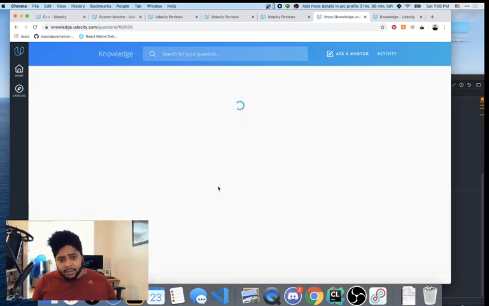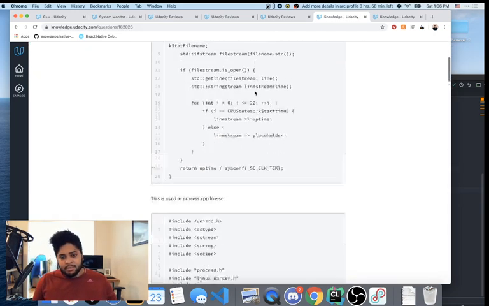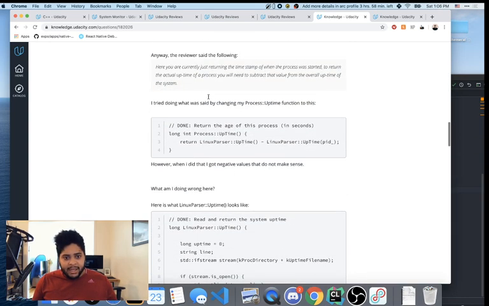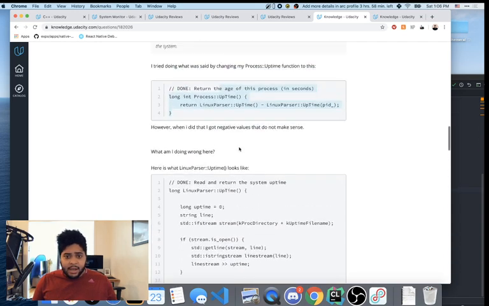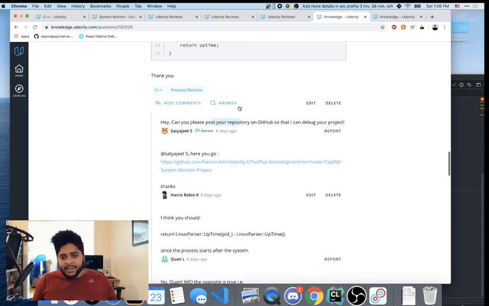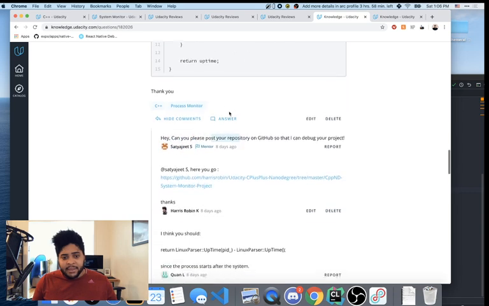And to even make sure that I got this one right, I also posted in the community and mentioned, I have the following code. I mentioned the review, and what I tried. Here, it turns out I had another issue that was giving me negative values.